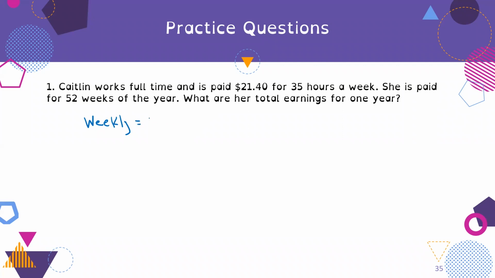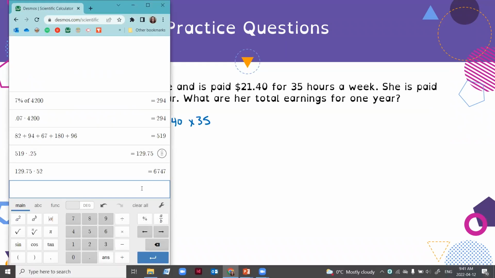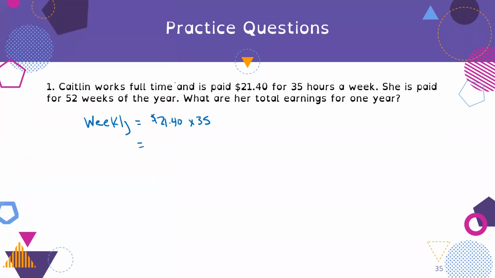So weekly, she's earning $21.40 for 35 hours. So $21.40 times 35. $21.40 times 35 is equal to $749. So weekly, Caitlin makes $749.